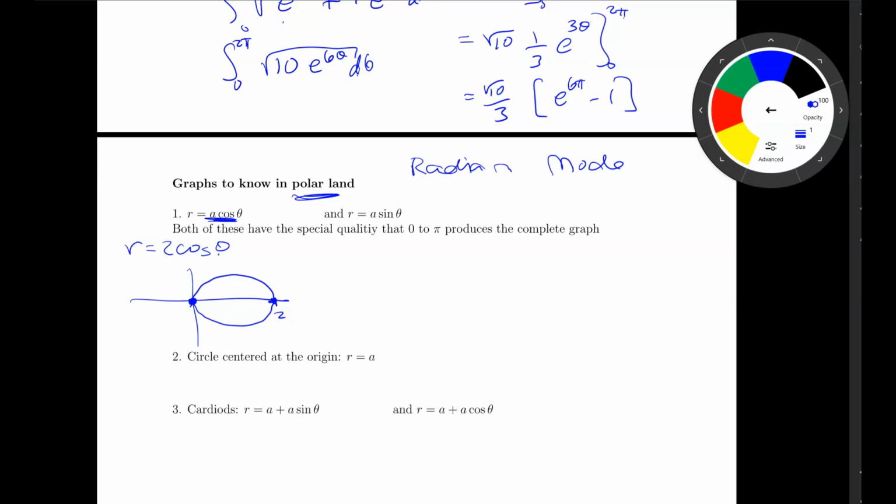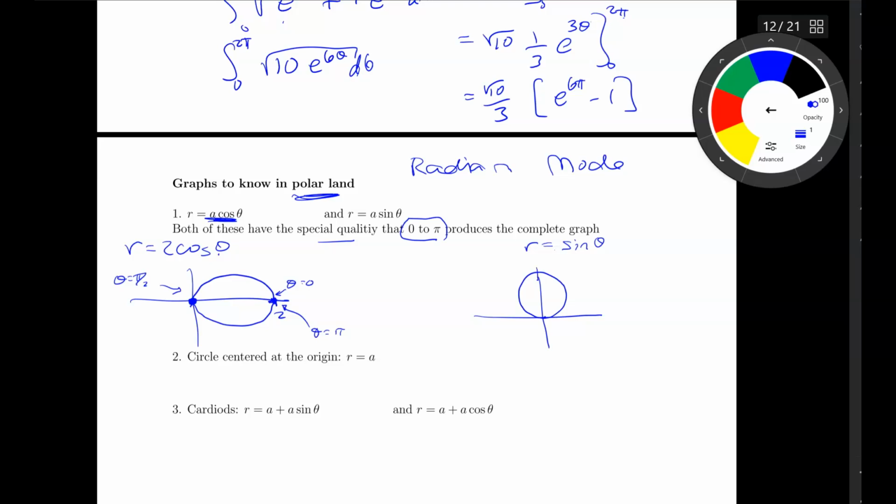So this had the special quality that it just takes 0 to pi to go all the way around. So this is angle 0, this is angle pi over 2, and this gets me back to angle pi. If I did 0 to 2 pi, I would go around the graph twice, and I don't want to do that. And if I'm looking at, say, r equals sine theta, this graph looks like this.